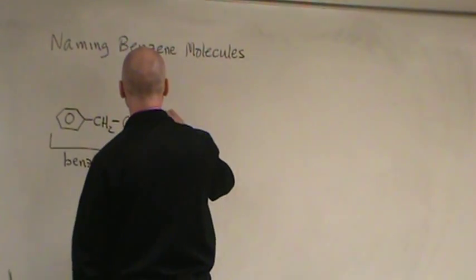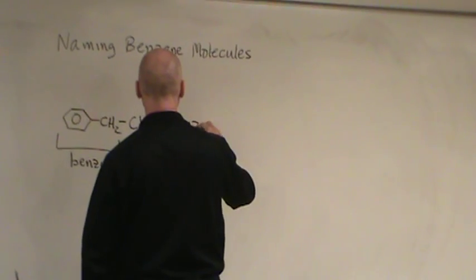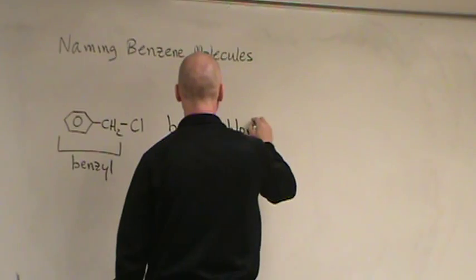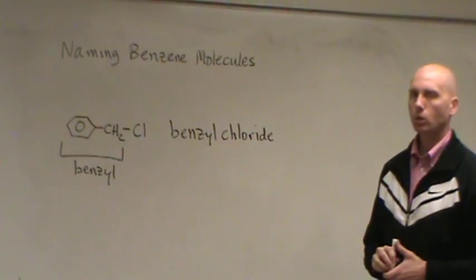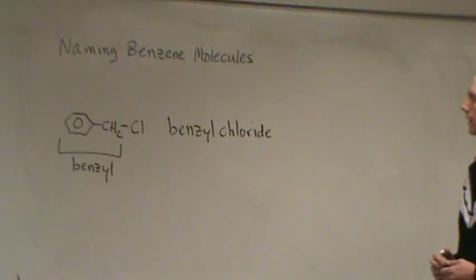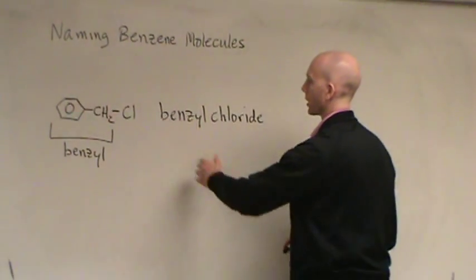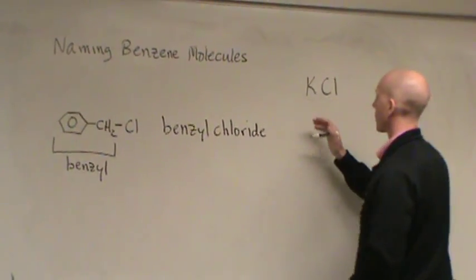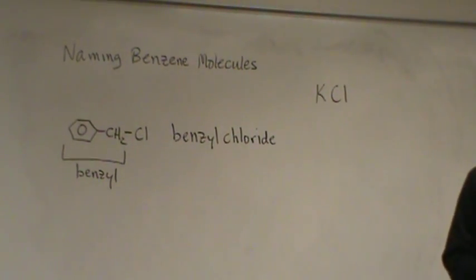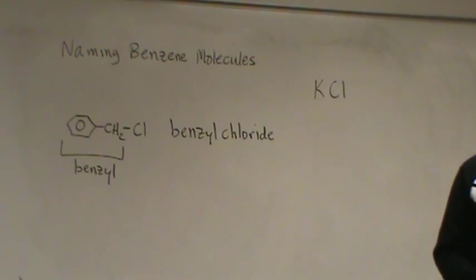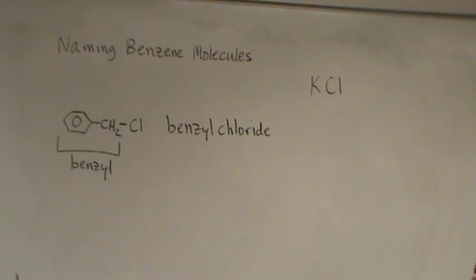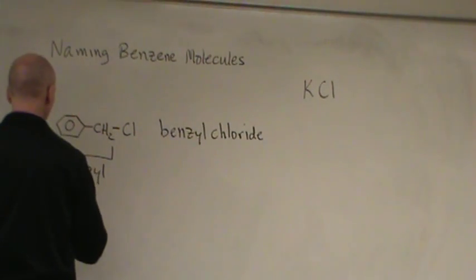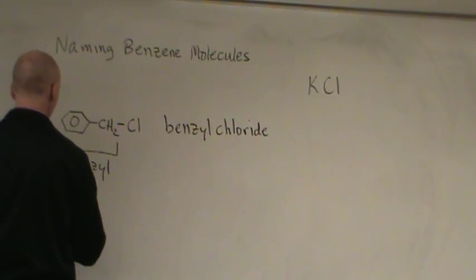And the name of this would be benzyl chloride. Okay? So here we're naming the molecule as a chloride, just like if you remember in general chemistry, if you had KCl, that was named as a chloride, that would be what? Potassium chloride.